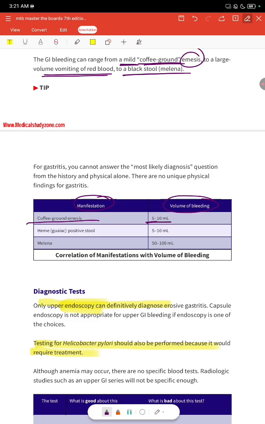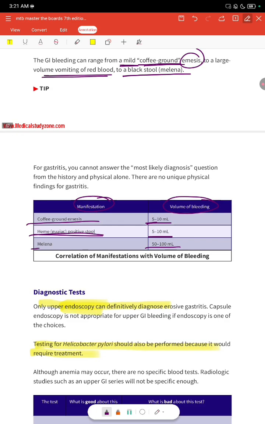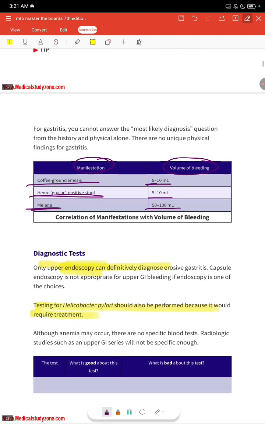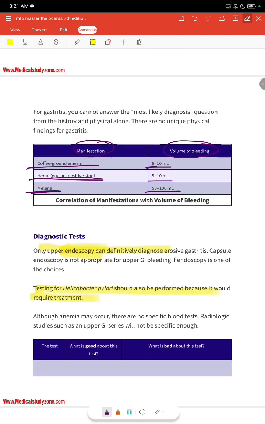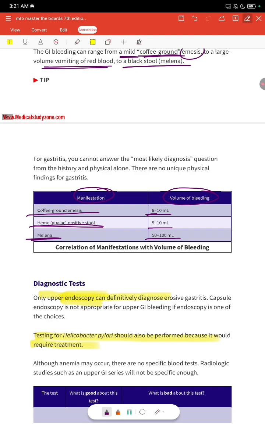If it is 5 to 10 ml, it can present as heme positive stool. If it is 50 to 100 ml volume of bleed, then it presents as melena, which is visible through normal eyesight. You don't have to test it, it's just visible right away.